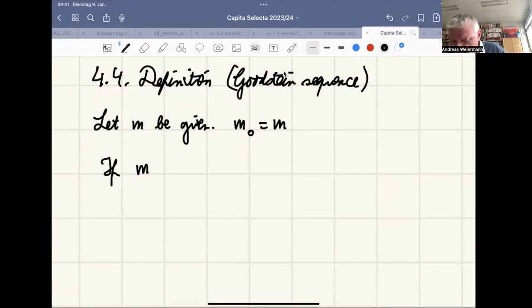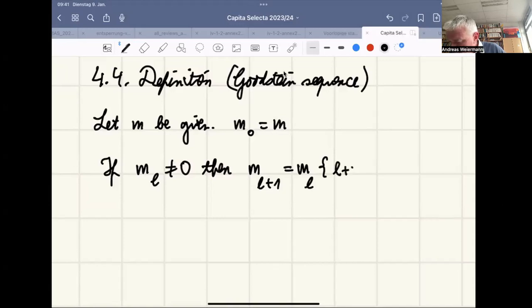If m_l is different from 0, then we make the number bigger in the next step. So in the transition in time from l to l+1, we do what? We take the previous number m_l. Now base change only makes sense for bases which are bigger than 1. So we do a base change.